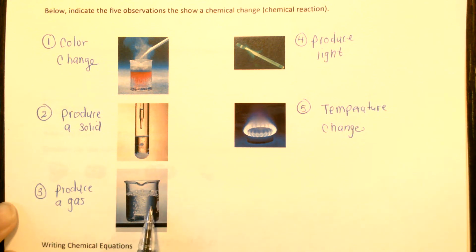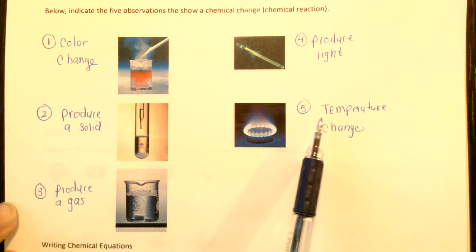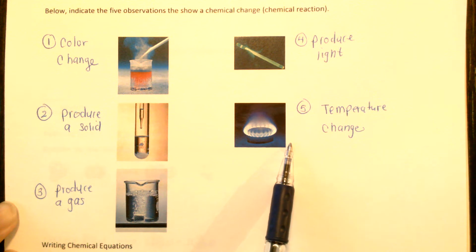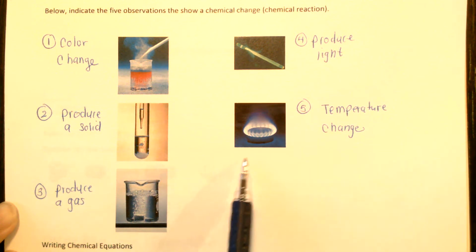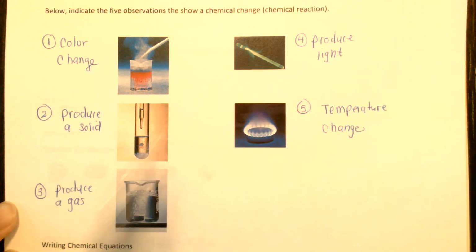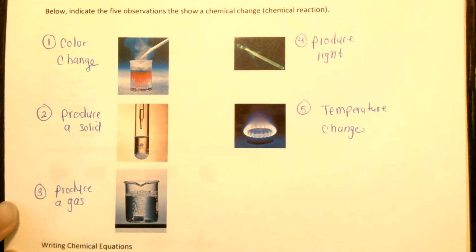It's an exothermic reaction, so we get the production of heat as well. We also have other reactions that, when they come into contact with each other, are endothermic. They would draw energy from the surroundings, and if we touch the beaker, it would feel very cold. So these are the 5 ways that we can observe that a chemical reaction has taken place.